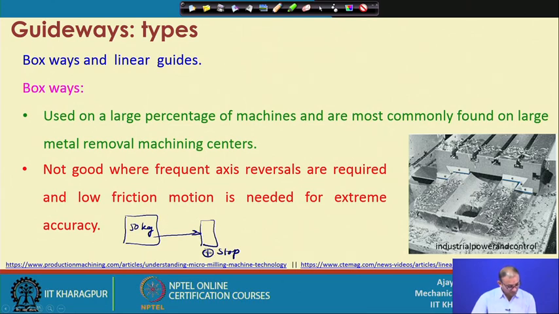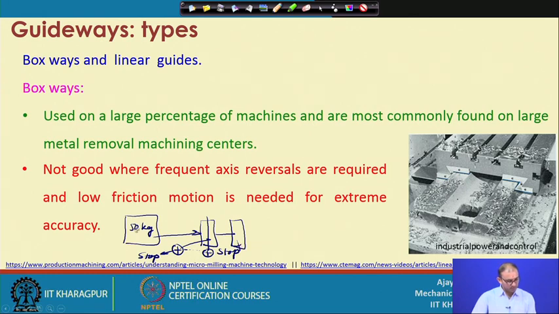So, if you want to stop it here, you have to reduce the motion or stop the motion here at this location, because whatever the power supply you are using, if it is stopped at this location, it will actually move slowly and then completely stop at this location. If you stop this thing here, then again it will move a little bit because of its inertia.